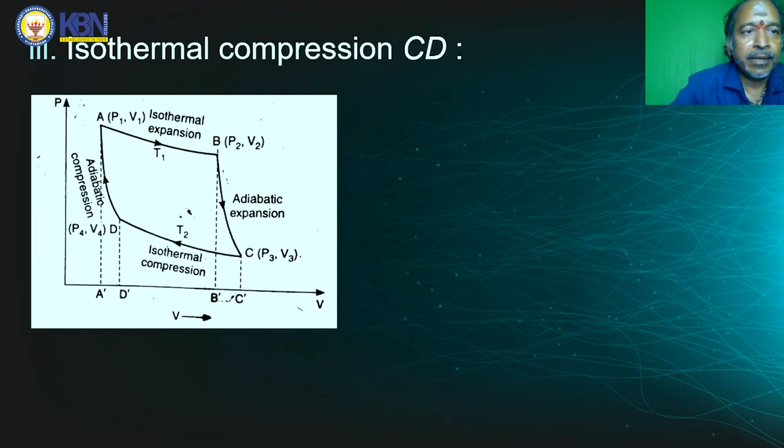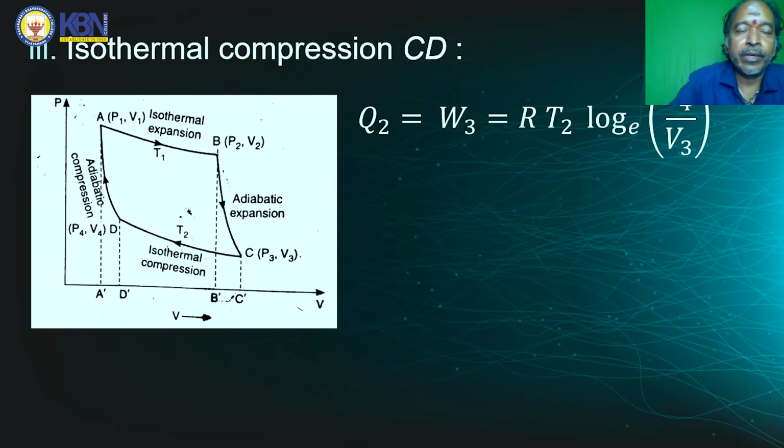And in third operation it is the isothermal compression along CD, and here the work done is W3. Here work is done on the gas. So here the rejected heat energy Q2 is also equal to W2, and it is the isothermal process.